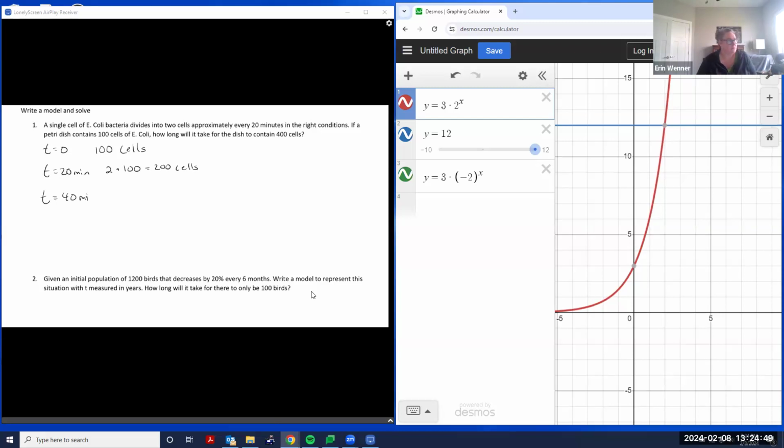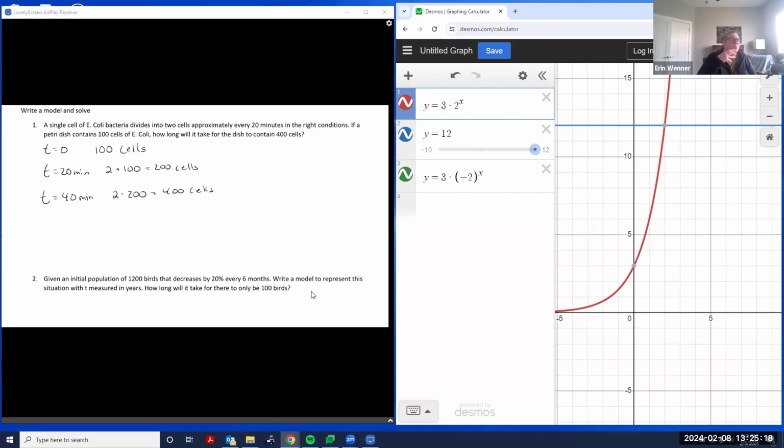Now what do I have? 400. Because we did 2 times the previous, which gave us 400 cells, right? So how can we relate this concept to writing? I mean, we have our answer, right? We know it's going to take 40 minutes for those 400 cells to show up.